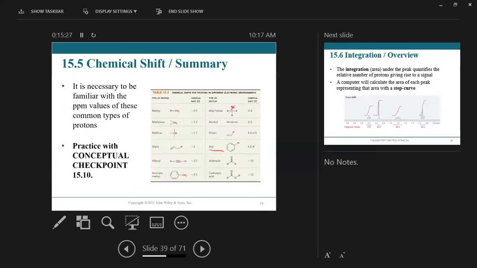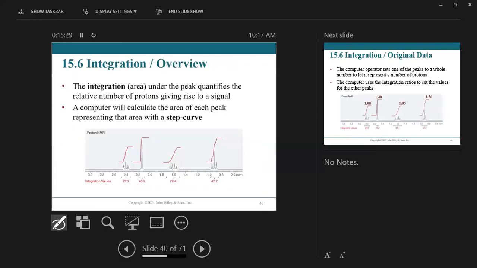Oh, then they talk about integration. Okay. So the integration, the area under the peak, quantifies the relative number of protons. So this might tell you this might have 2 protons. This might tell you you have 4. I'm just saying, for instance, the computer will do this for you. The computer will calculate the area of each peak, representing that area with a step curve.